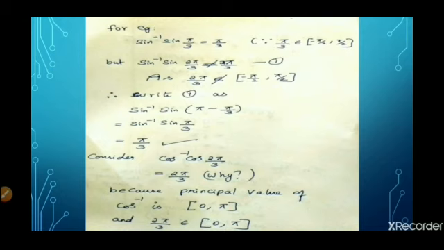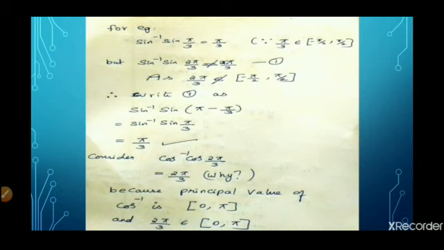So sine of pi minus theta is nothing but sine theta. So sine of pi minus pi by 3 is sine pi by 3. Now sine inverse and sine will get cancelled, and we can write the answer as pi by 3, because pi by 3 lies in the principal value branch, that is minus pi by 2 comma pi by 2.